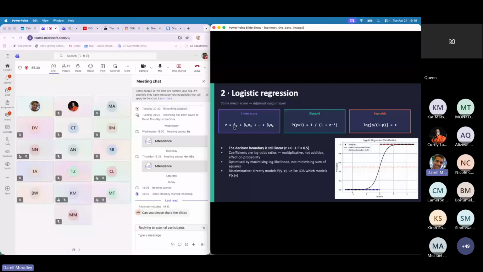So you have these two variables, and then you have what we call a z-score that we fit to X1 and X2.